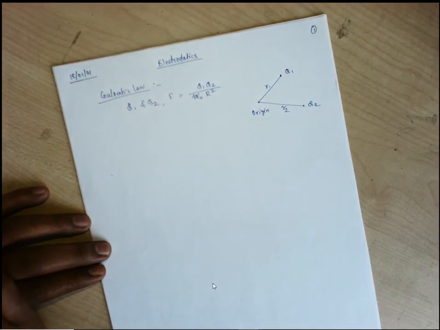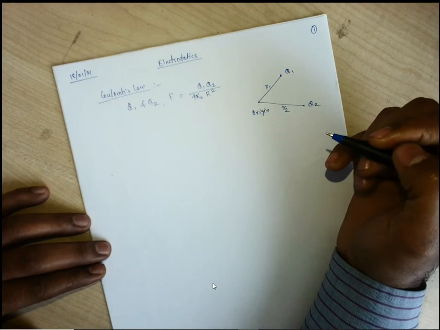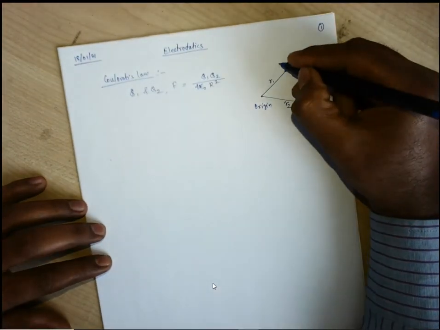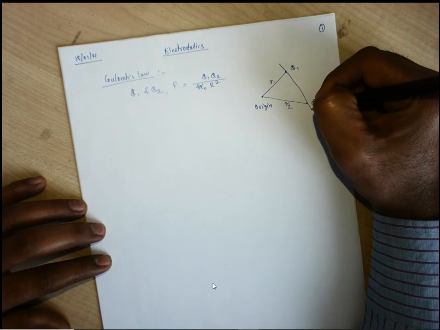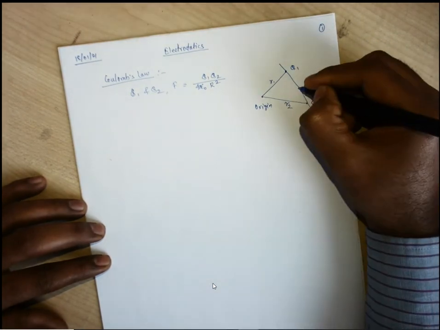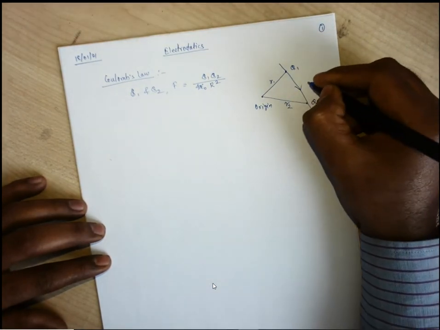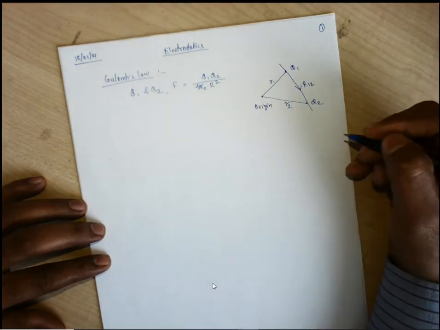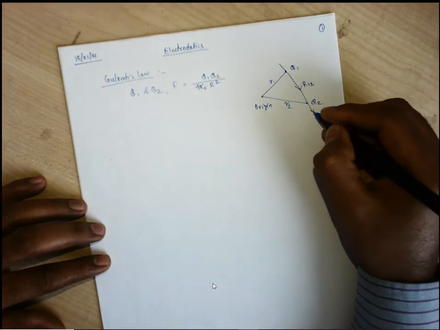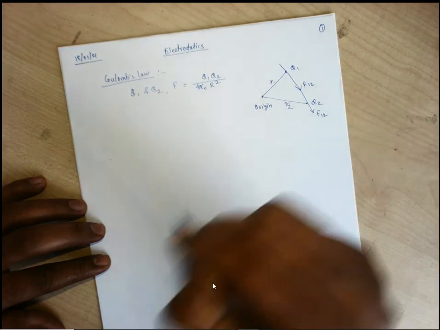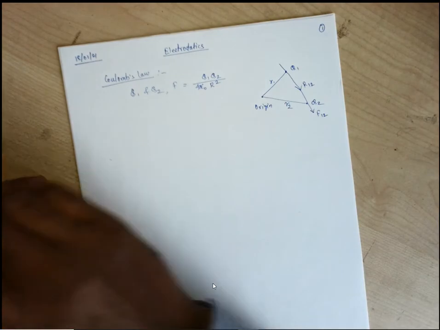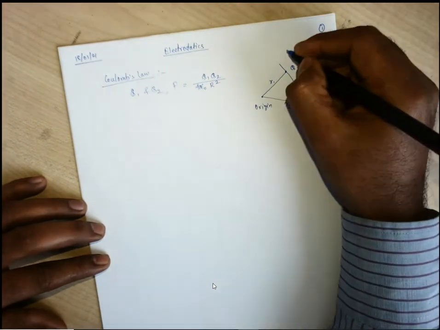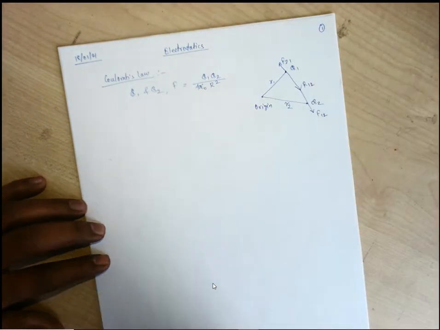Now the force which is acting on Q2 due to Q1 will act something like this, along a straight line. This separation is r12. The force acting on Q2 is F12. Next, the force acting on Q1 due to Q2 is F21.